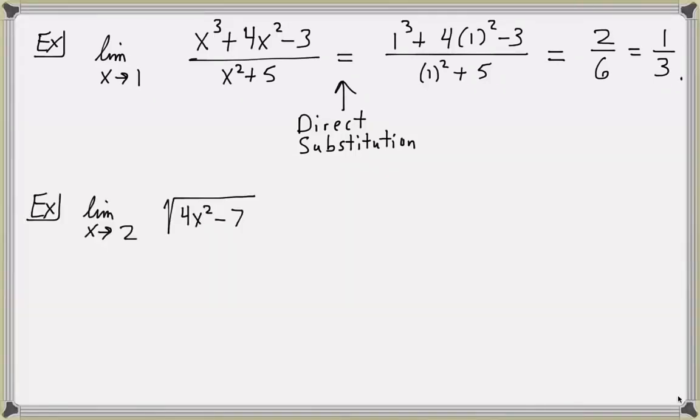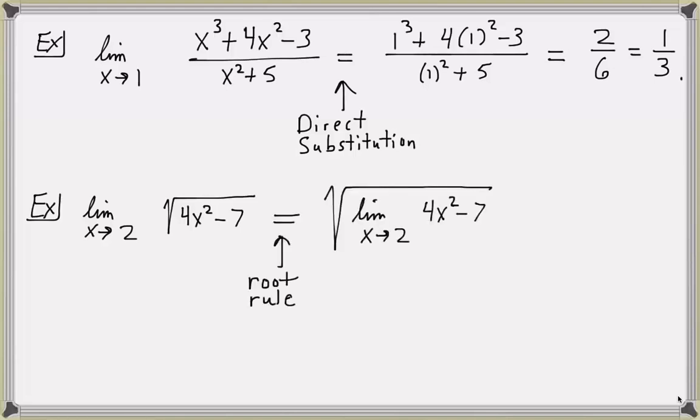This next example will use the root rule for evaluating limits. Here we have the limit of the square root of 4x squared minus 7 as x approaches 2. By the root rule, I can evaluate this by taking the square root of the limit of 4x squared minus 7 as x approaches 2.